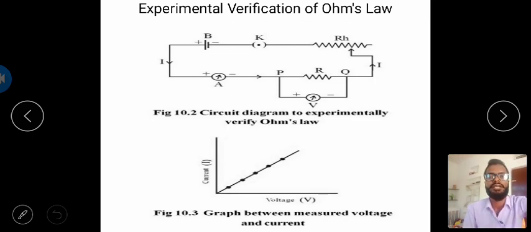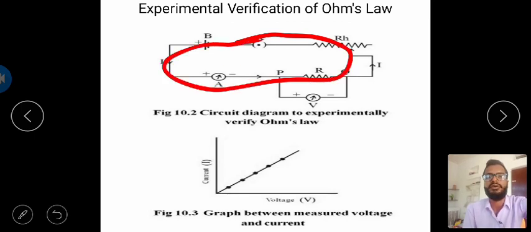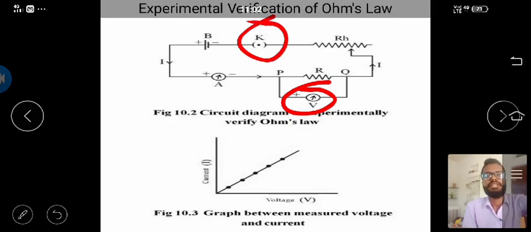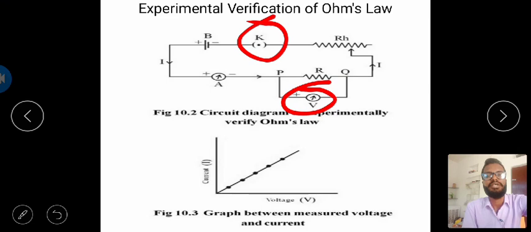The ammeter is connected in series in the circuit, and the voltmeter is connected in parallel to the resistance. If we switch on the key, the current I starts flowing through the circuit. Then we measure the value of current using the ammeter.